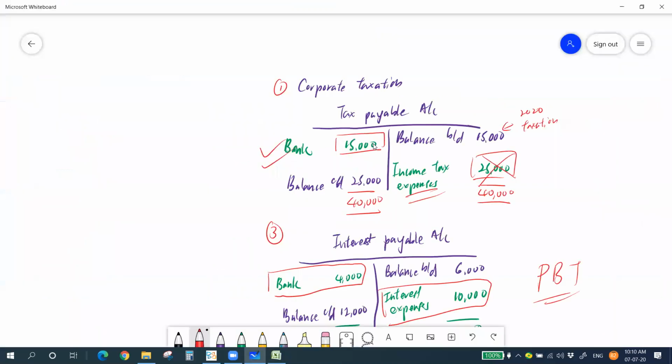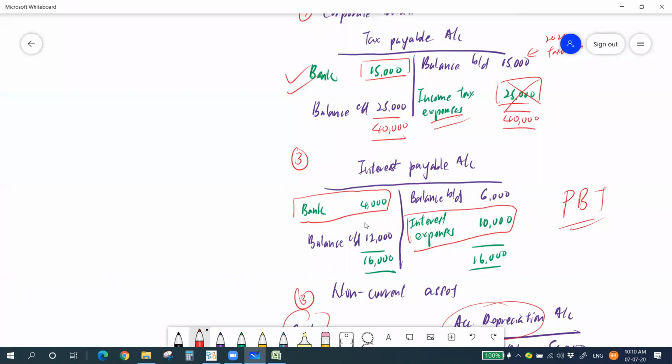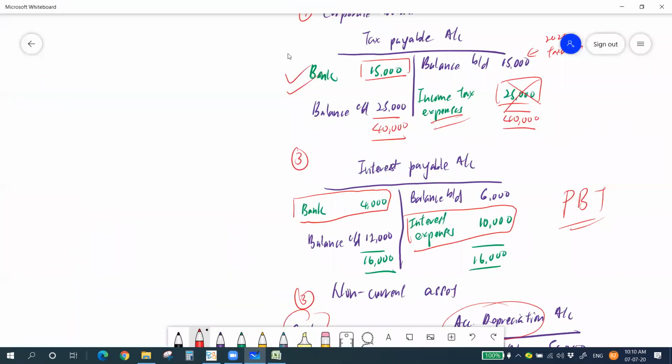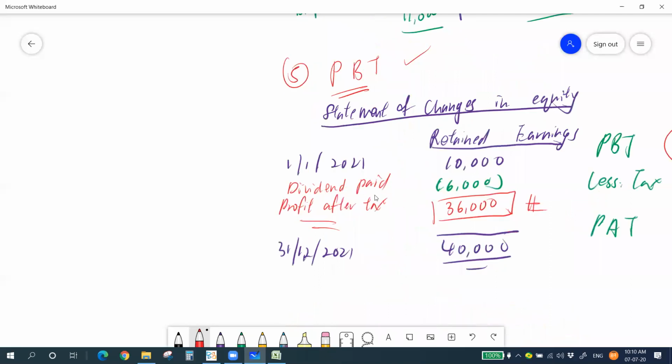And then interest paid, we look at the interest payable account, 4,000. Interest paid, negative. Dividend paid, we look at the dividend payable account. Sorry, not dividend payable account. We look at retained earnings, minus 6,000.